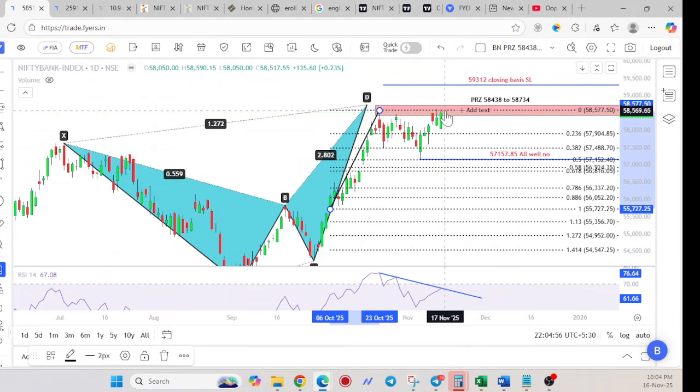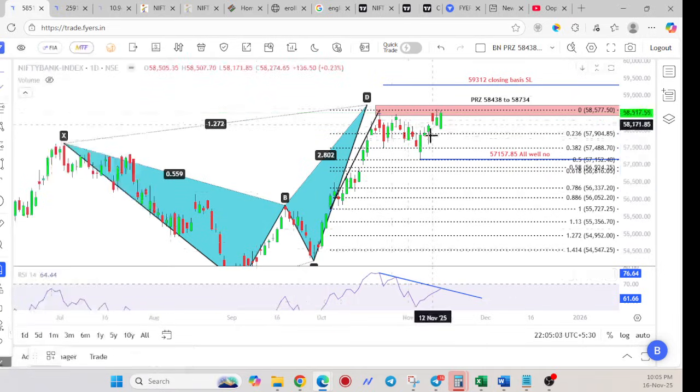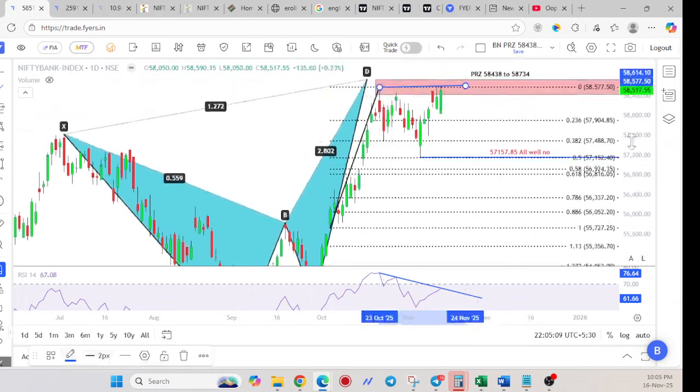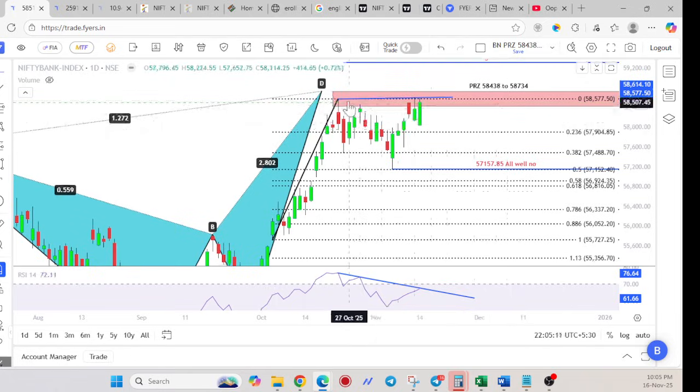So a word of caution, and there is a negative divergence on the daily chart. Very clear. You can see that negative divergence. Can you see that negative divergence? You have triple top area. Look at this top, 58,577. Look at this top, 58,616.